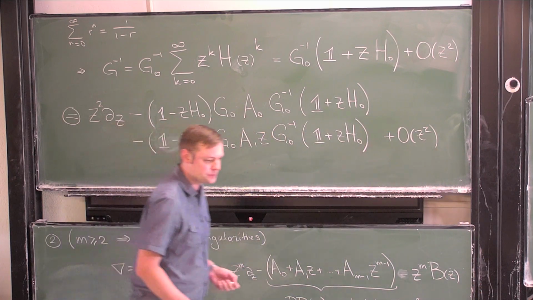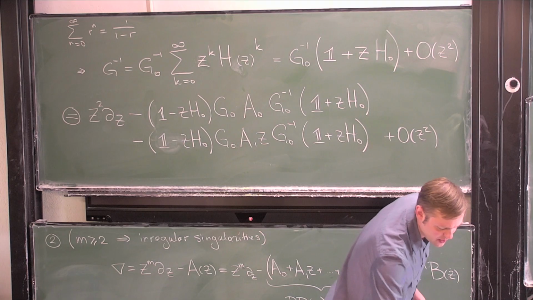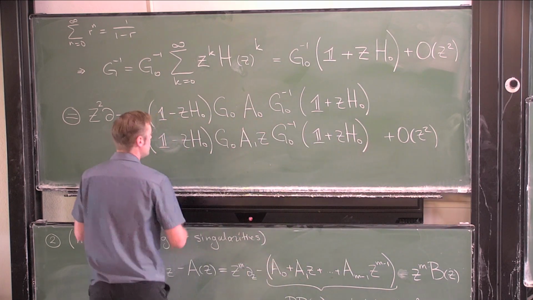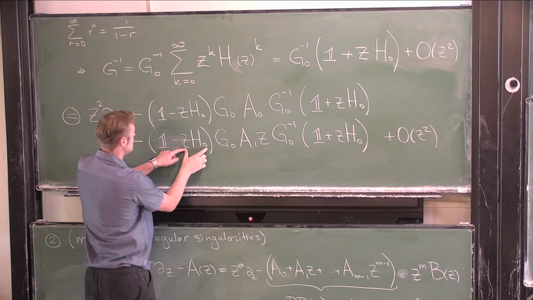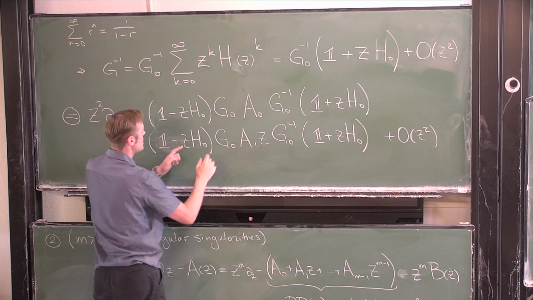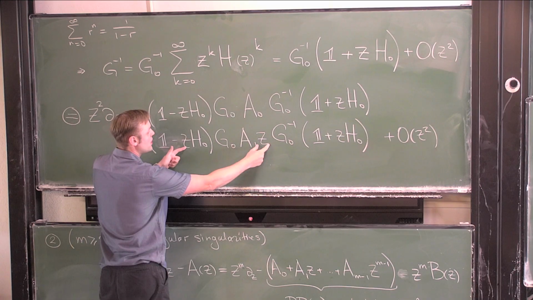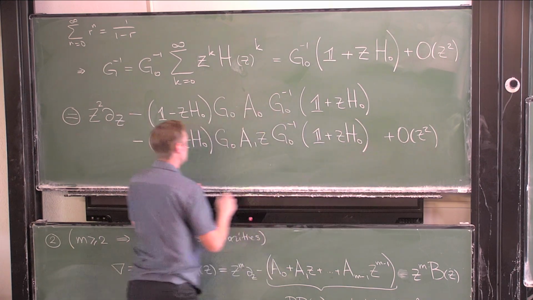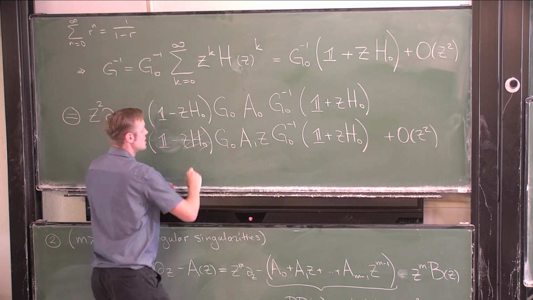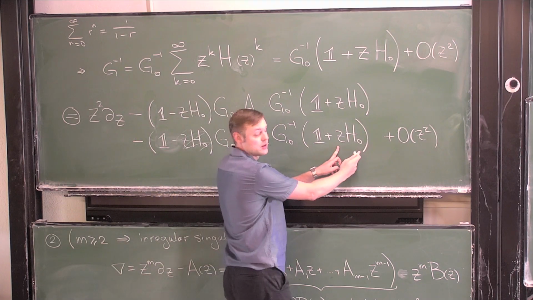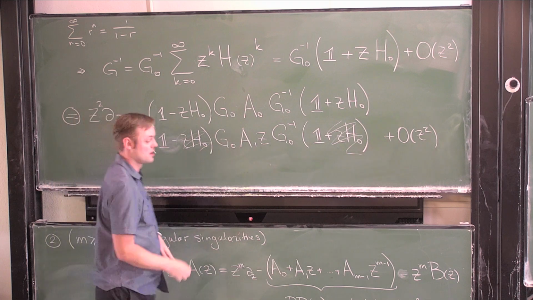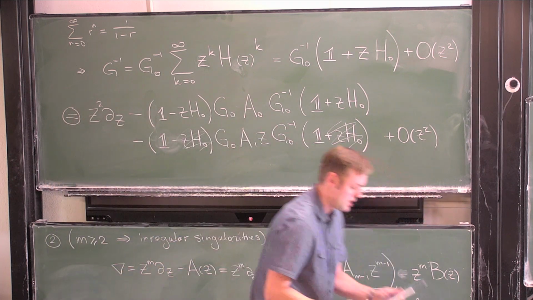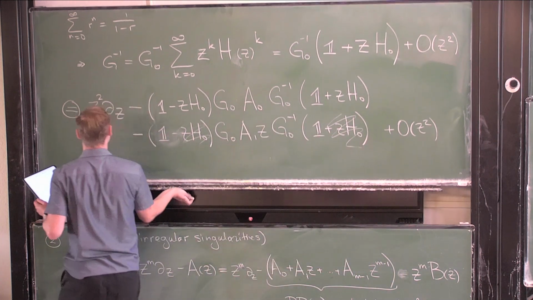In fact, I can simplify even more. There's already a z here, so if I multiply this term in, I will get a power of z squared, which will get absorbed into this thing. So I can just ignore this, and the same comment for this term. So really, these brackets here just completely disappear.